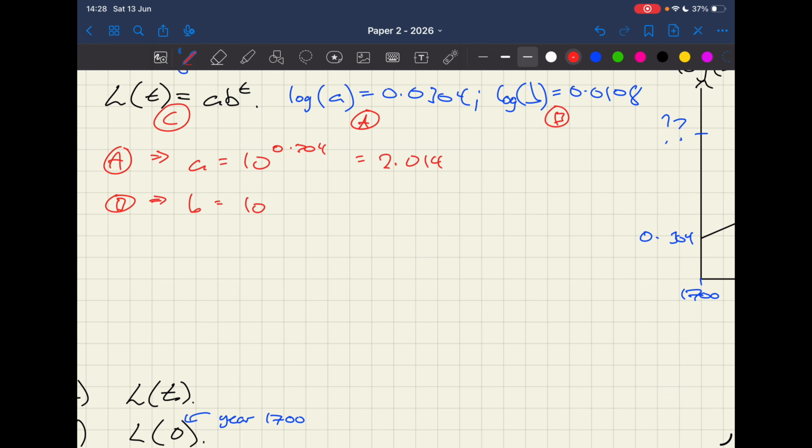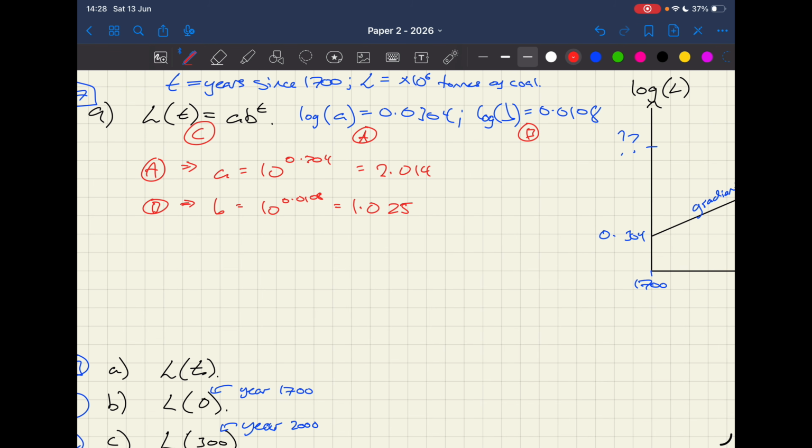Same thing for B then. B itself will be 10 to the power of 0.0108. Let's plug that value in. What do we get? I get 1.025. That's good to me. So label those facts, fact number 1, fact number 2.